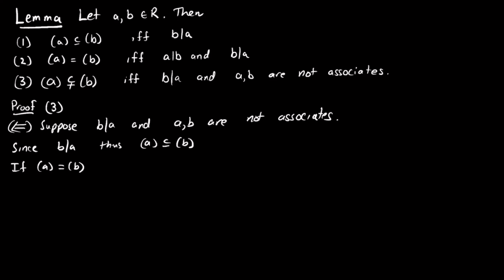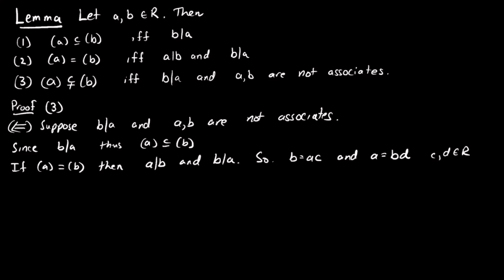If the ideal generated by A is equal to the ideal generated by B, then I know by 2 that A divides B and B divides A. So I can write that B is equal to A times C, and A is equal to B times D for some elements C and D in my ring.